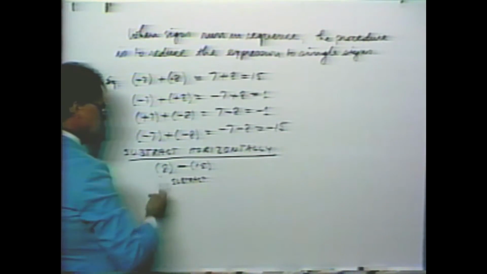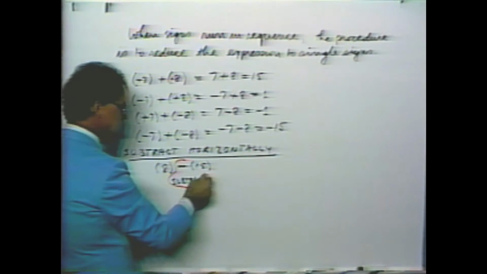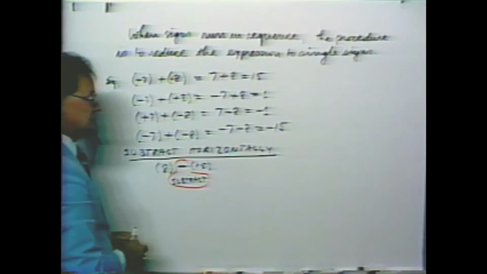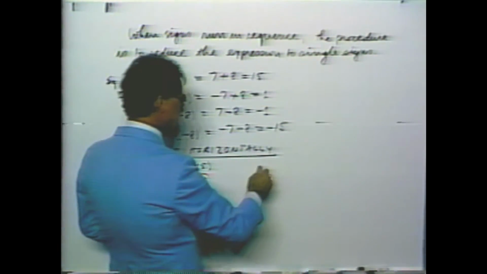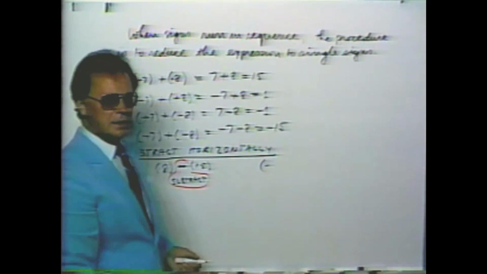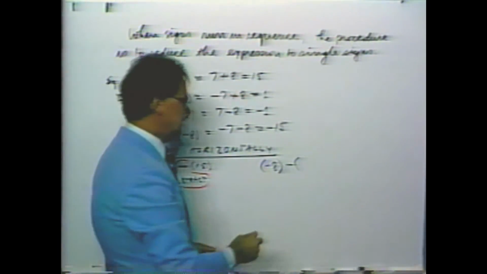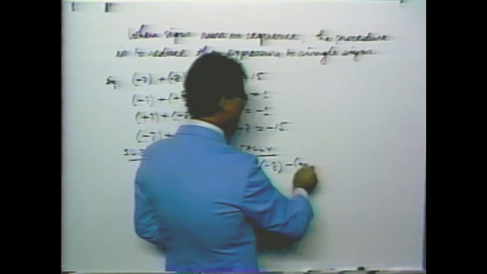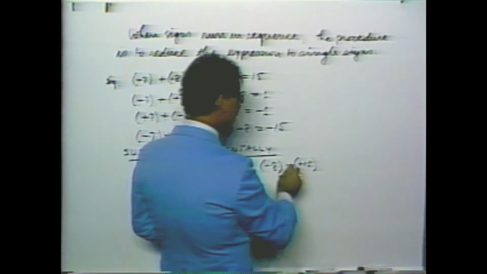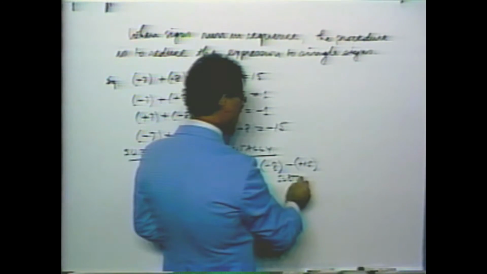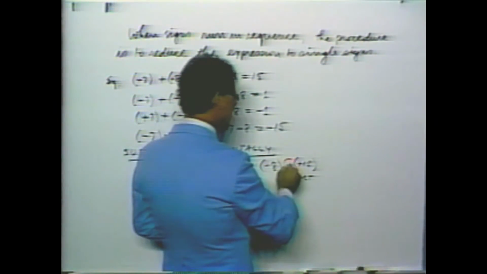So the sign itself conveys the idea that we want to subtract those two numbers. Another example we did before was minus 8 subtract 15, or plus 15. Here again, this sign conveys the operation intended.